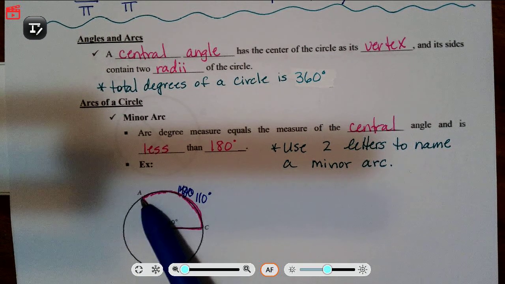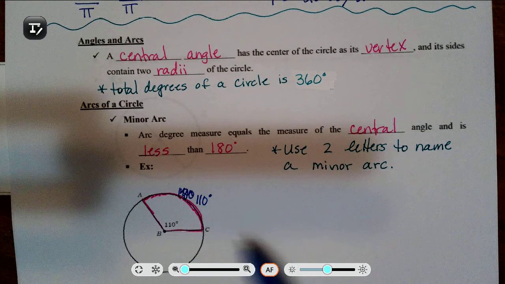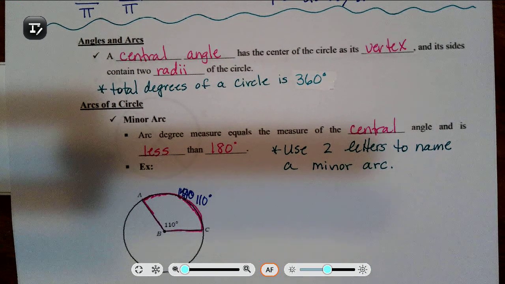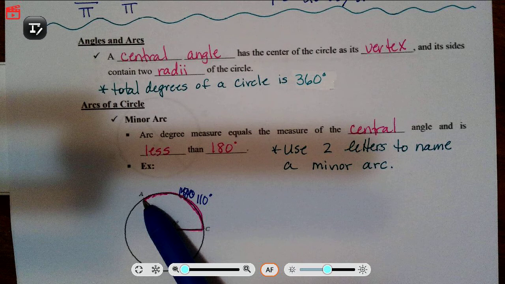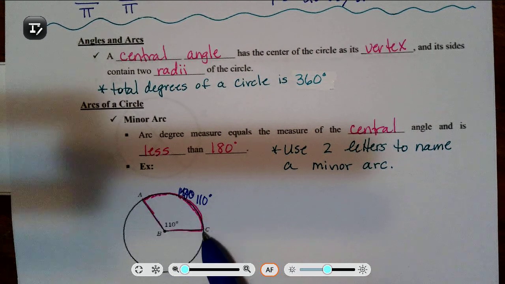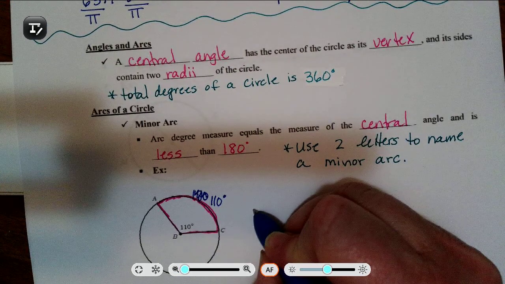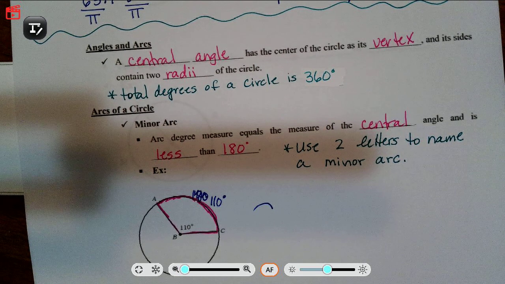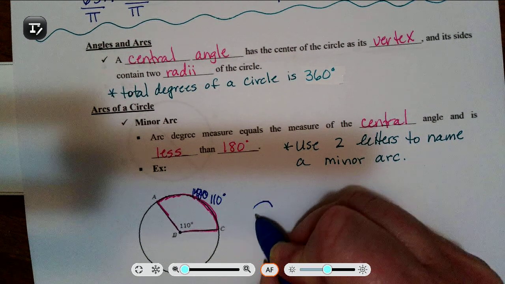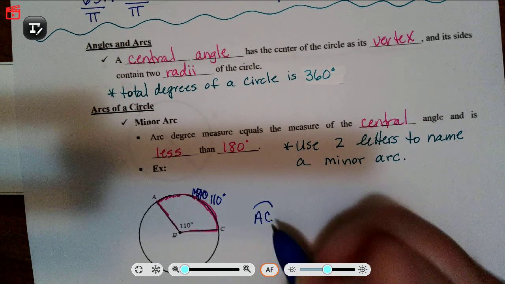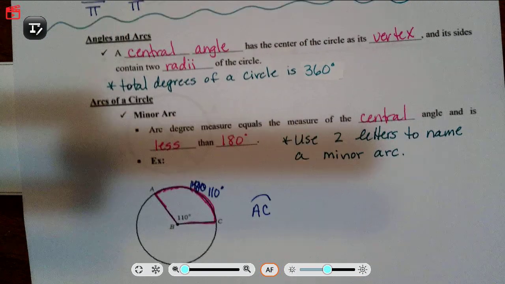So when we look at this, we go from here. We use two letters to name a minor arc, where it starts and where it ends. And again, the order doesn't matter. Maybe it starts at C and goes to A, maybe it goes from A to C. We use a little curve, almost like a parabola, to designate the arc, and then we put AC underneath it, and again you could call it CA.